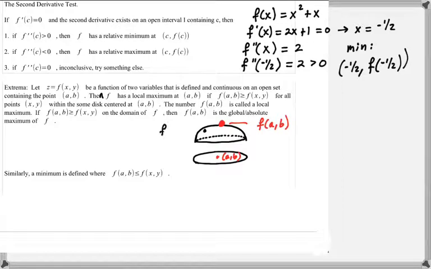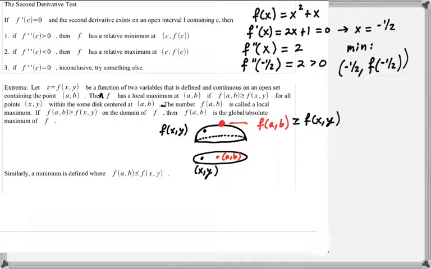So if we have any other point (x, y), and then f of (x, y), f of (a, b) is going to be greater than or equal to f of (x, y).